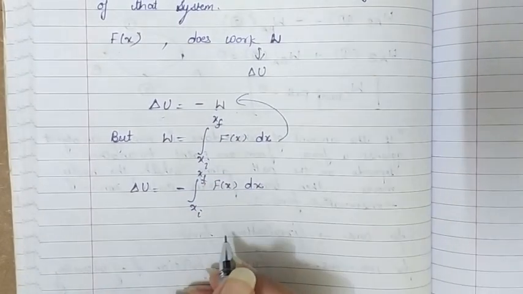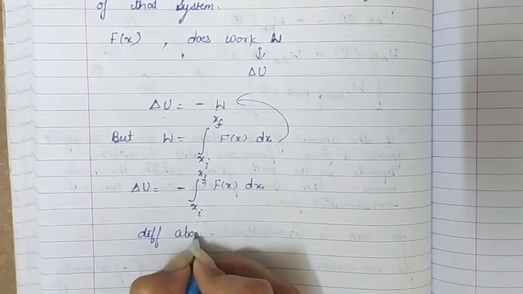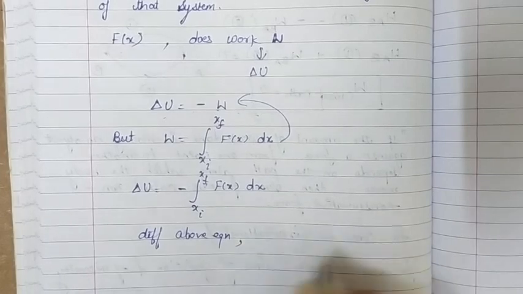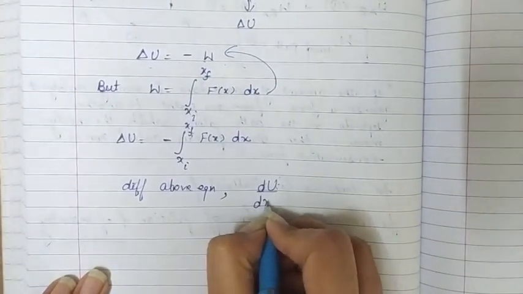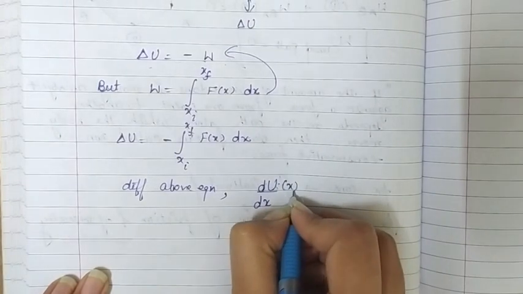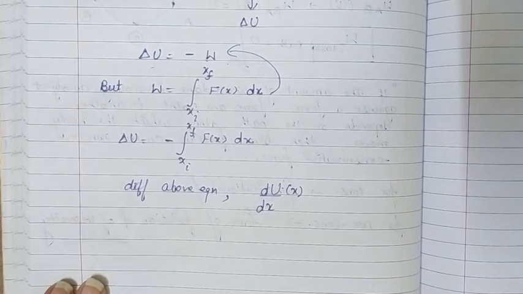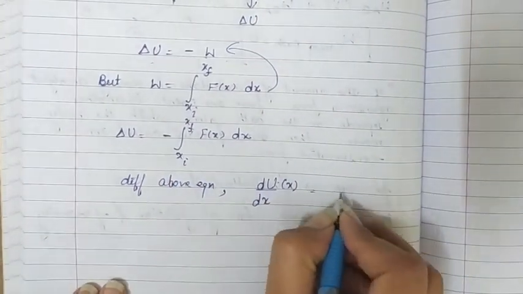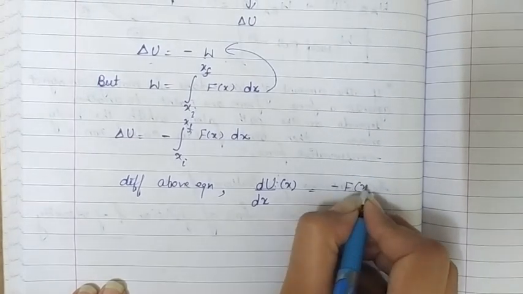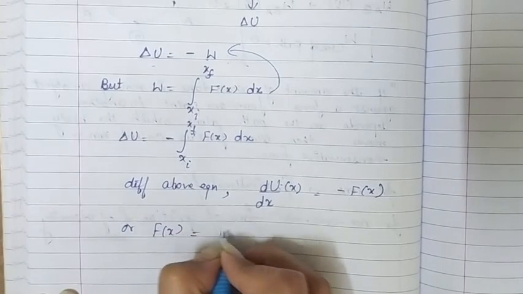Now if we differentiate the above equation, we get dU over dx, which is a function of x, because the change that we have considered is a function of x, and force is a function of x. That's why dU over dx is equal to minus Fx, or Fx, that conservative force, is equal to minus dU over dx.